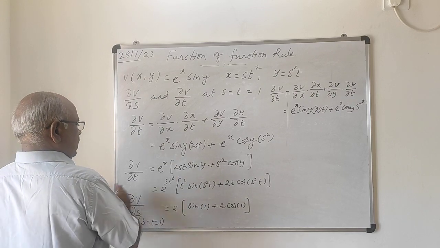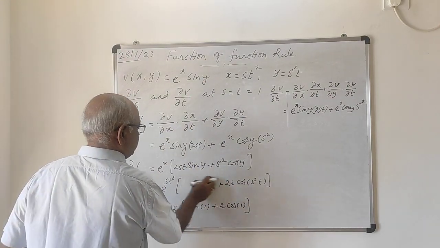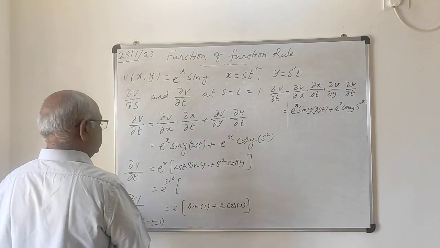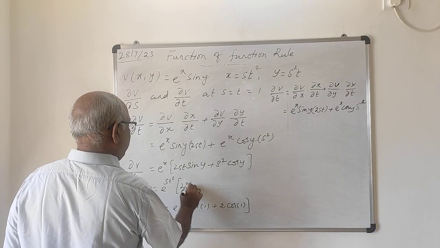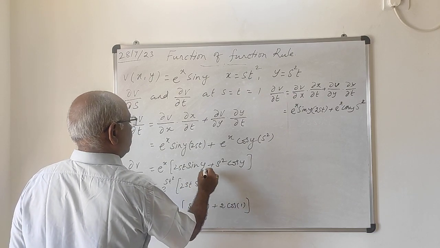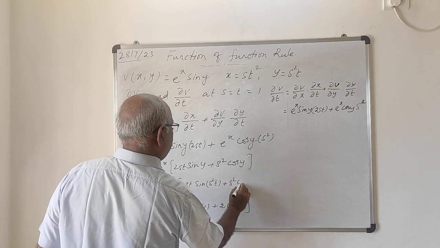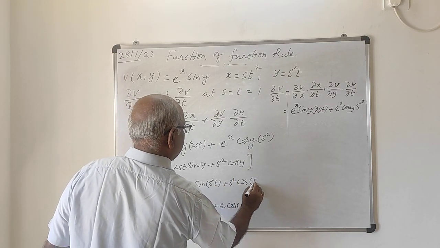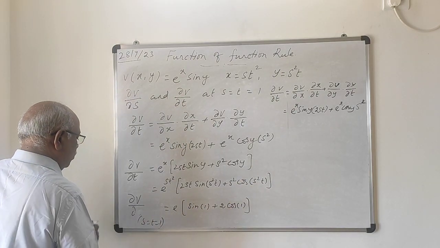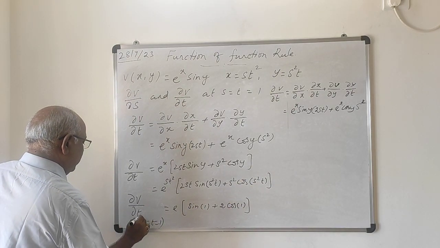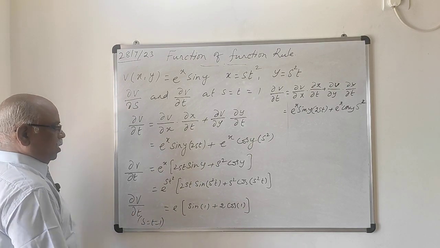Now you replace x by st square, and here 2 into s t into sin of y, y is s square t, plus s square into cos of y, y is s square t. Now you find out dou v by dou t in terms of s equal to t equal to 1.